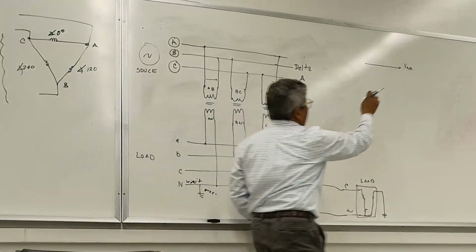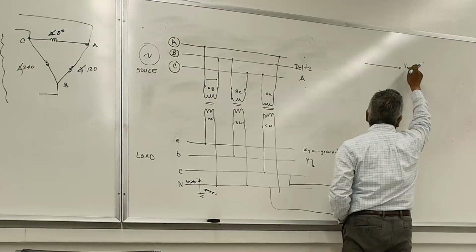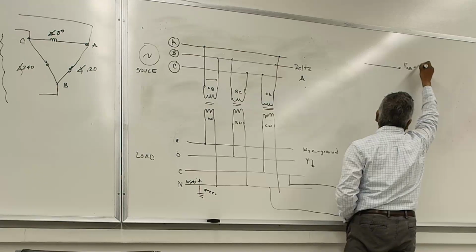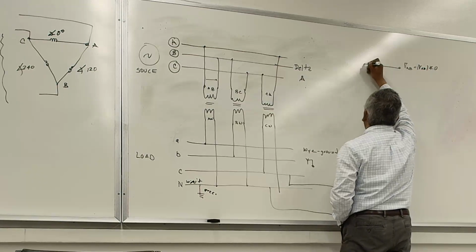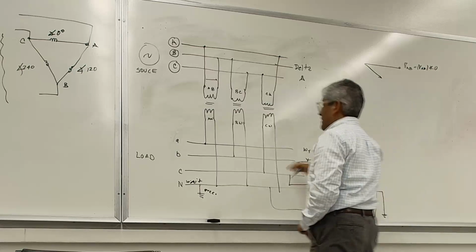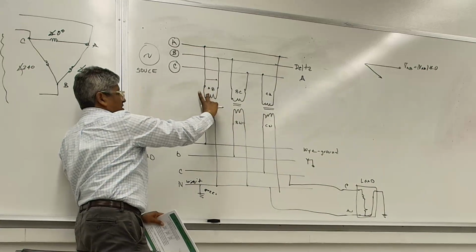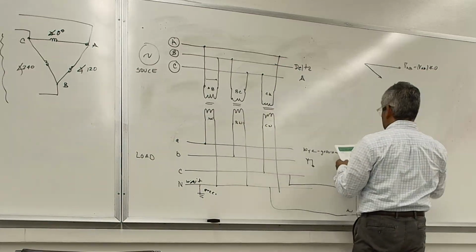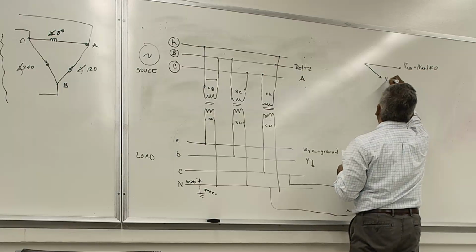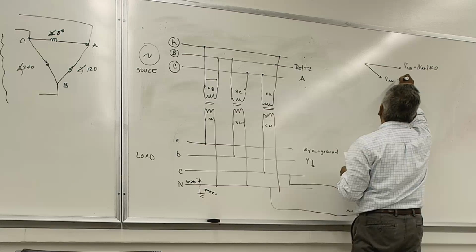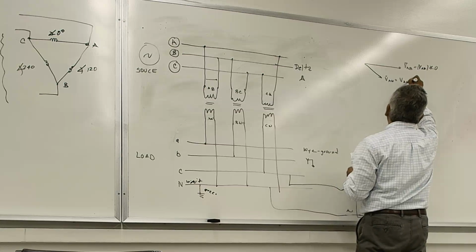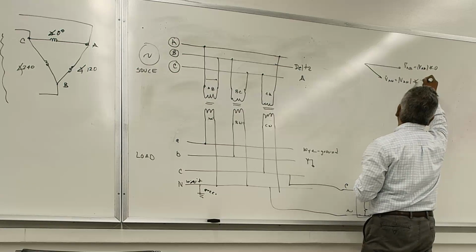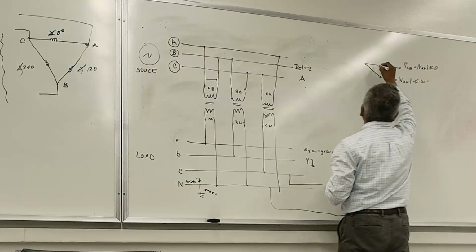So the line, using this A to B as the reference, meaning voltage A to B, magnitude, angle 0 degrees, my line to neutral voltage on the phase that I've been coupling, in this case A to neutral, is going to be, obviously since I'm stepping down, smaller in magnitude, and V A to neutral is equal to V A to neutral magnitude with an angle of, in this case, minus 30 degrees.